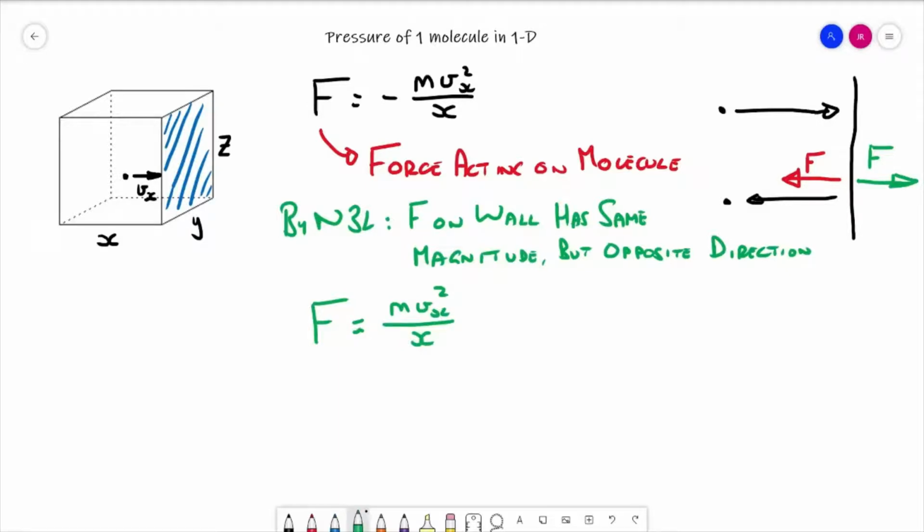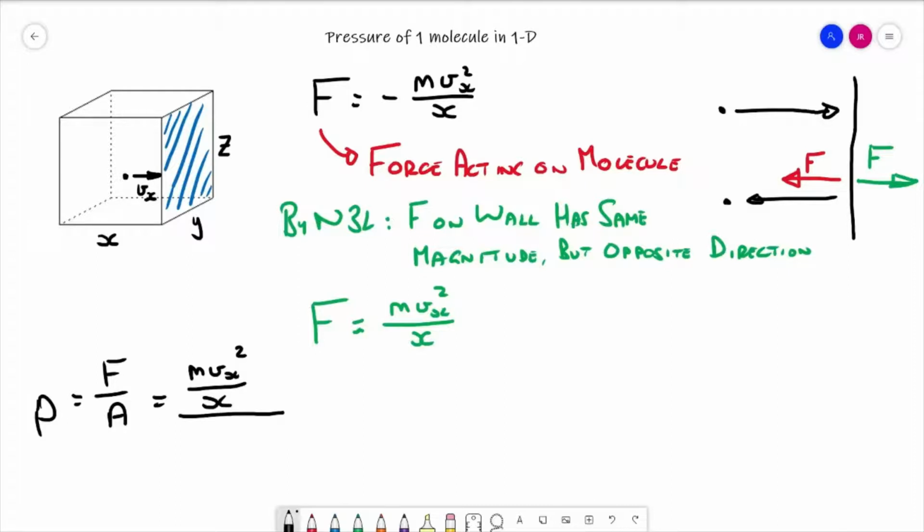Now, of course, the final stage: we're still looking for pressure, and remember that pressure is equal to force over area. So we've got the force, m vx squared over x, and we now need to divide that by the area.